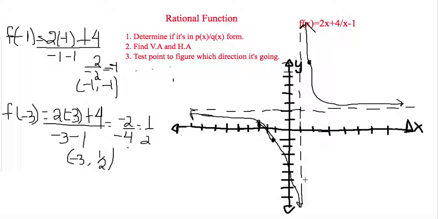And the range would be from -infinity, right, to 2, and then union to positive infinity. And that's how you graph a rational function.